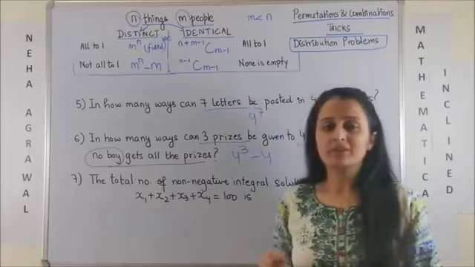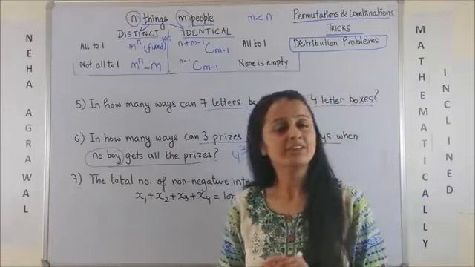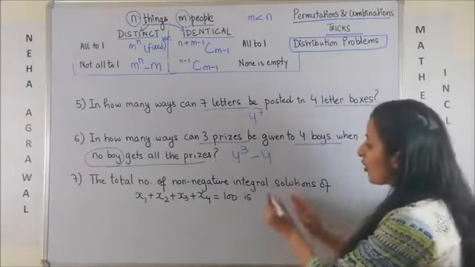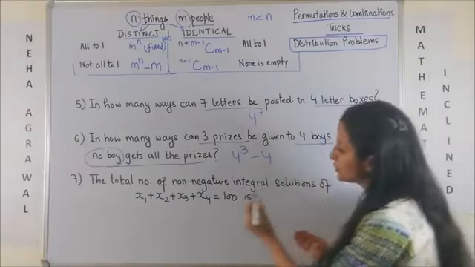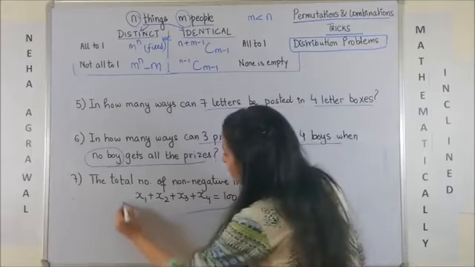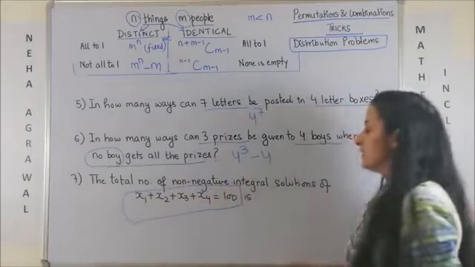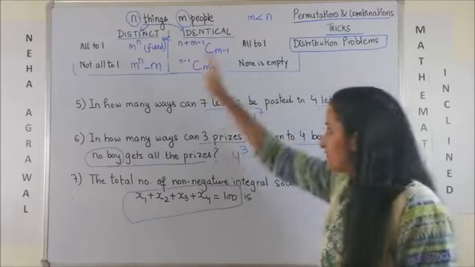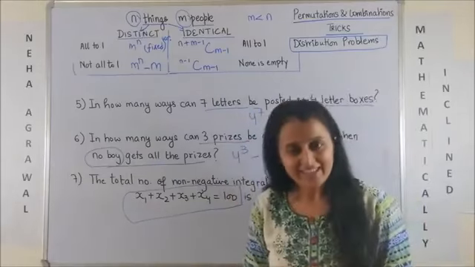Moving on to the last one, which seems to be slightly tricky, but trust me, it is not. It says the total number of non-negative integral solutions of this equation would be how many? Now you might feel it doesn't fit into any of these, but it does.